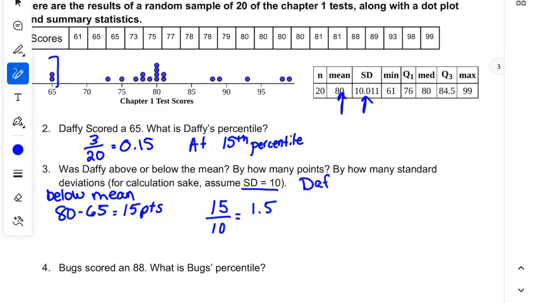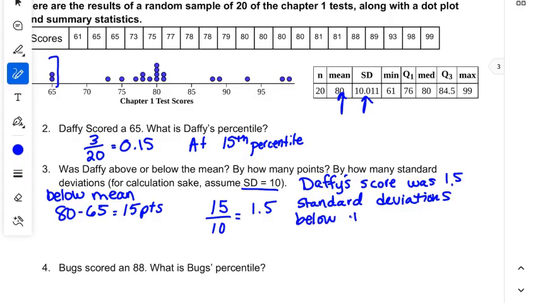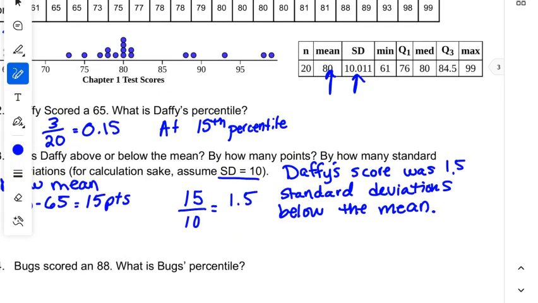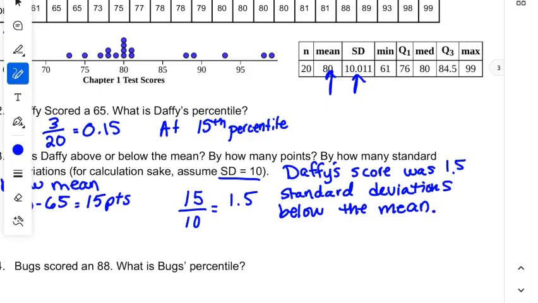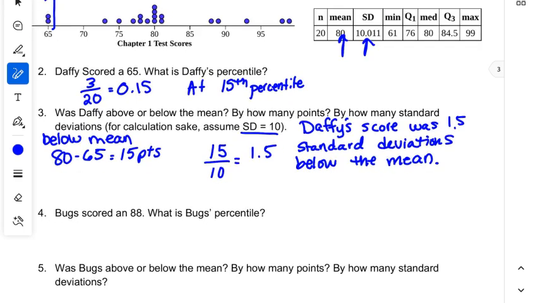Let's go ahead and write that. You can't just say it was 1.5 standard deviations from the mean; you have to say above or below.